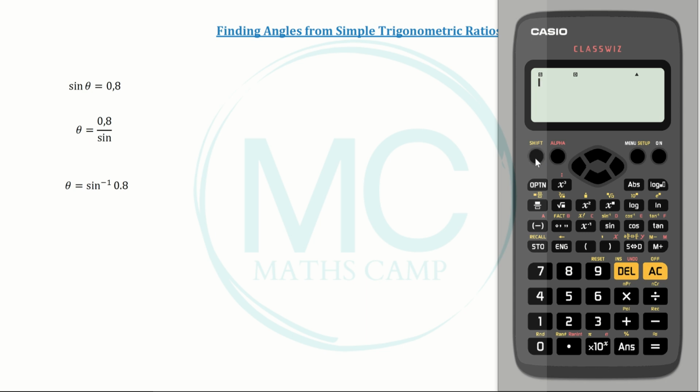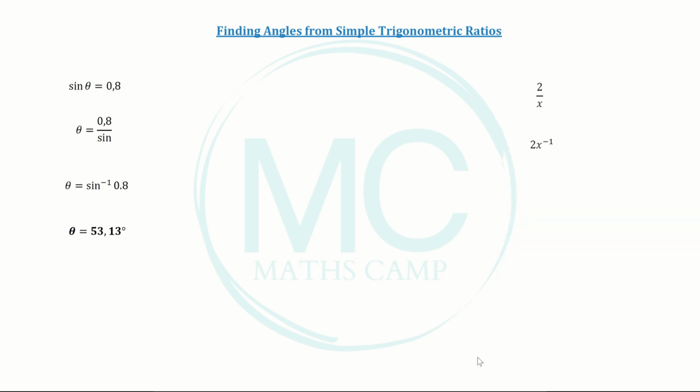So if we press shift and then sine, we get sine to the negative 1. Now we can find our value of theta. So we can say multiplied by 0,8, close the bracket, is equal to 53,13 degrees. And this is our value for theta.